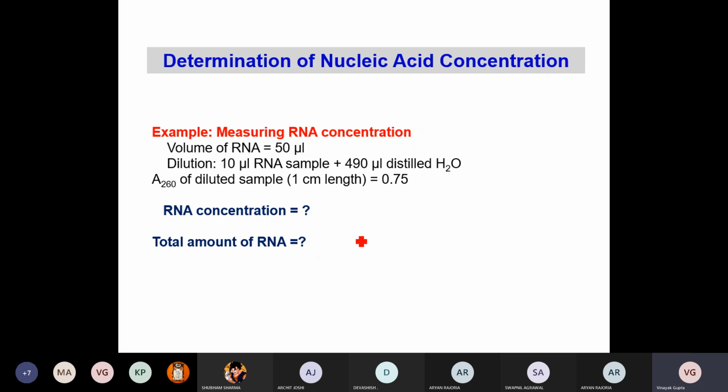For the quantification purpose, you have taken 10 microliter of the original sample and mixed it with 490 microliter of distilled water. So now the volume becomes 500 microliter, right? And the absorbance at 260, where path length is given, is 0.75. So what should be the RNA concentration? Can you do this calculation?